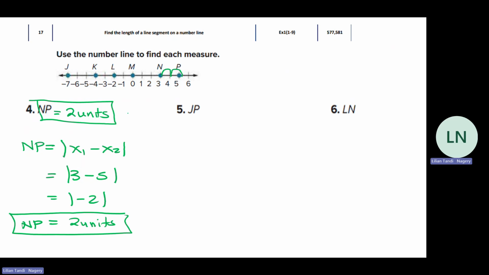So let's do JP, from J to P. Okay, from J to P, J is here, -7, and P is here, 5. So 0 is somewhere between them. So this is 7 spaces, and here is 5 spaces.